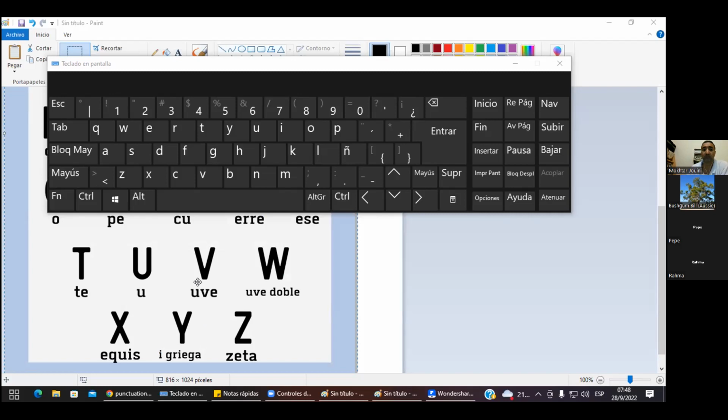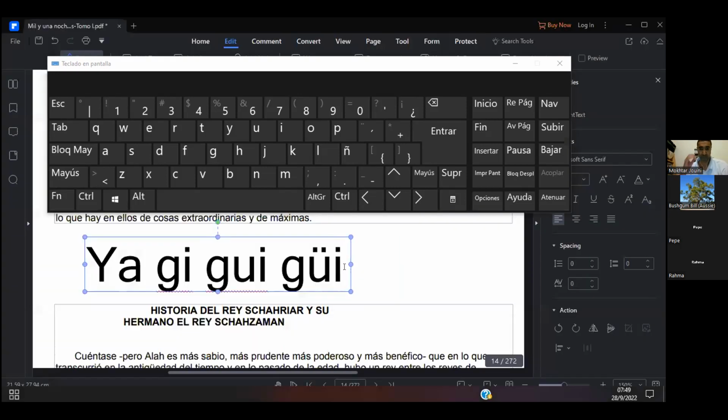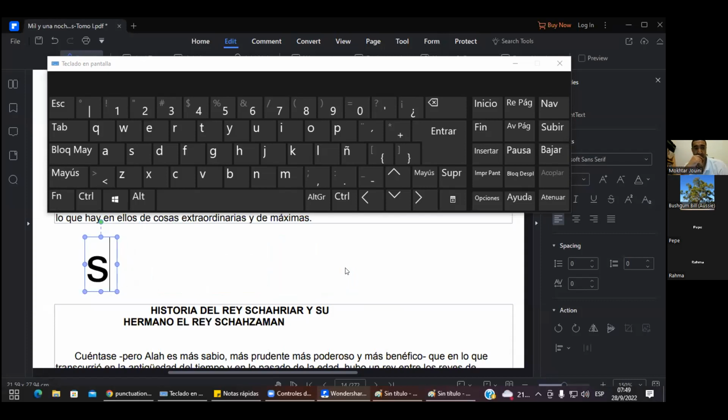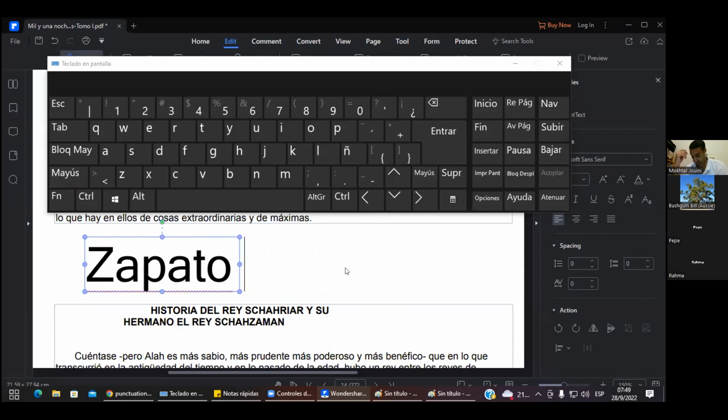And the Z will be different, like this: za, ze, zi, zo, zu. Like in zapato, shoe. This is the shoe.